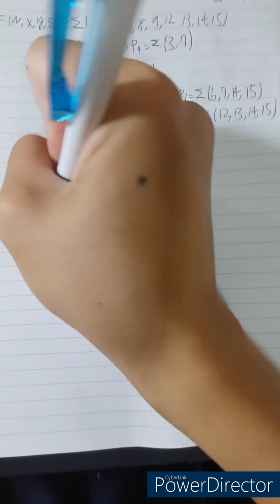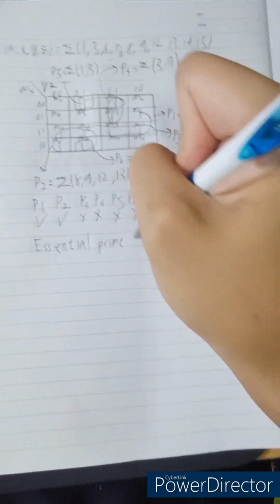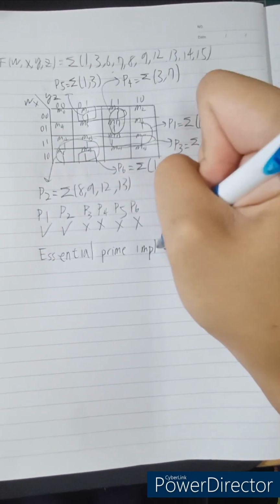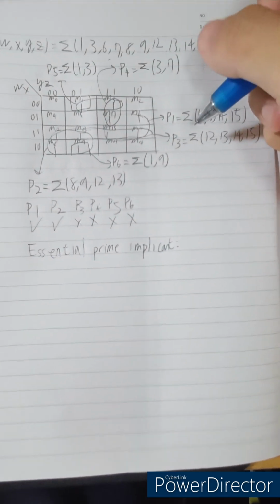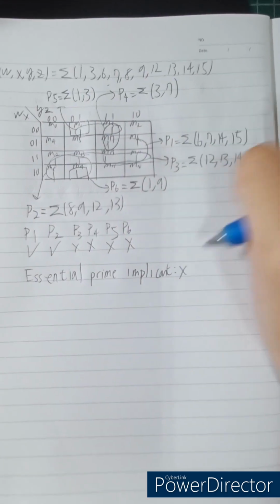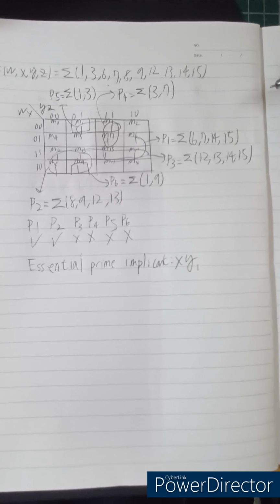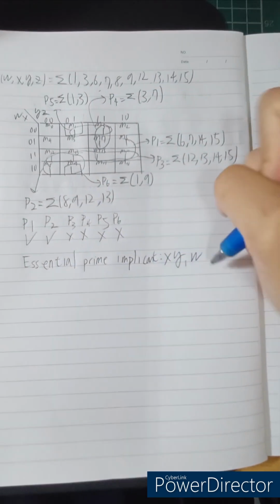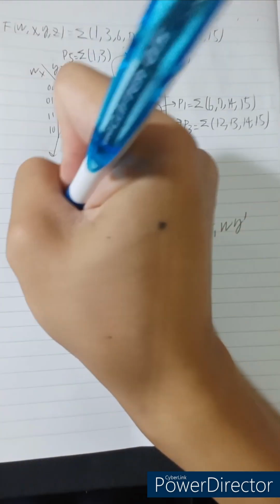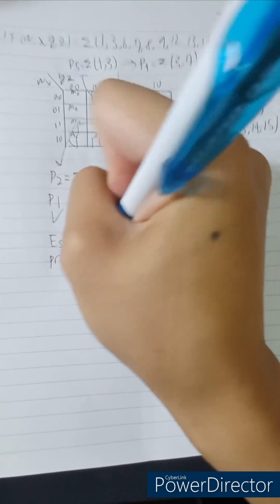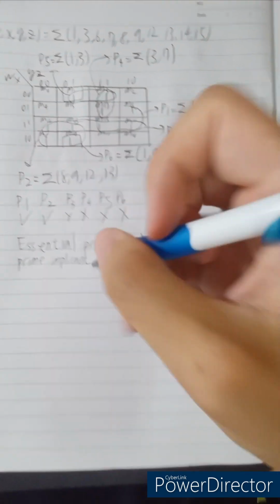Okay, so the essential prime implicants are P1 and P2, and P1 is X and Y. P2 is W and Y prime. The other prime implicants are P3 to P6.